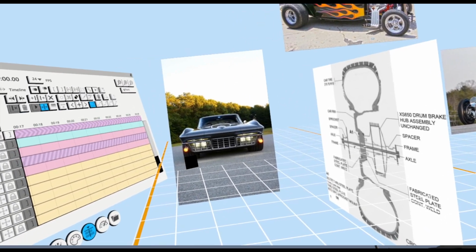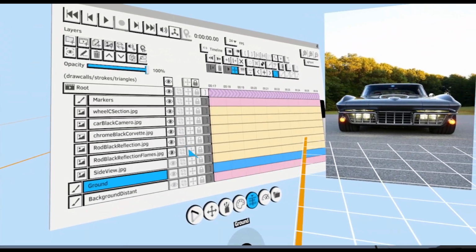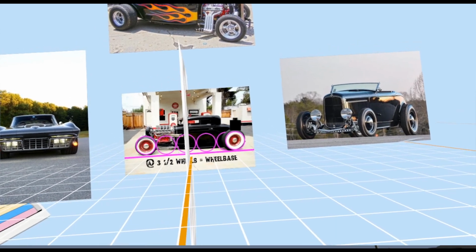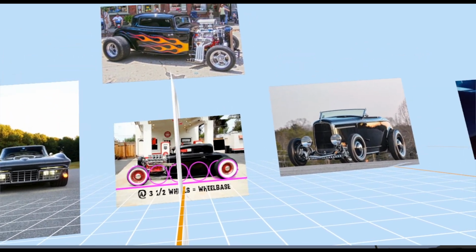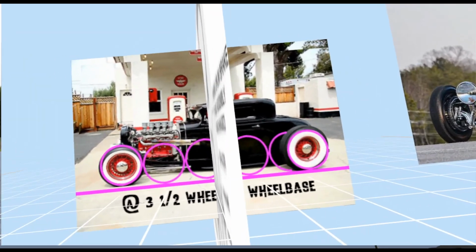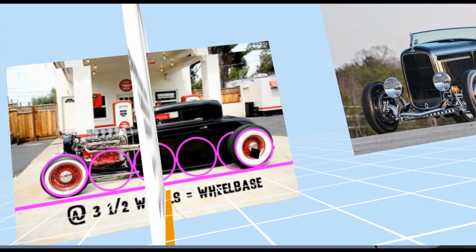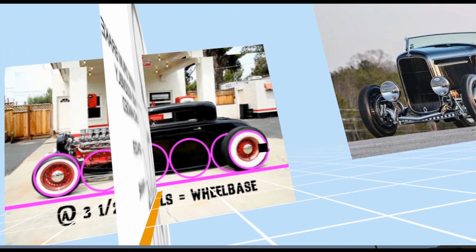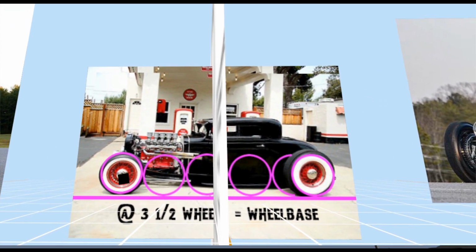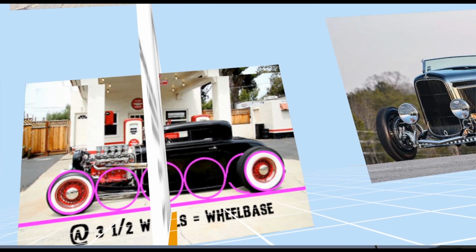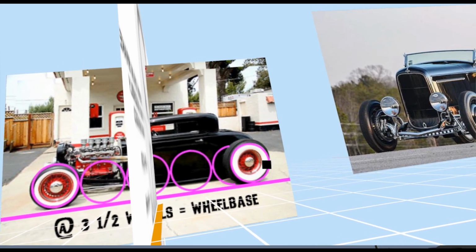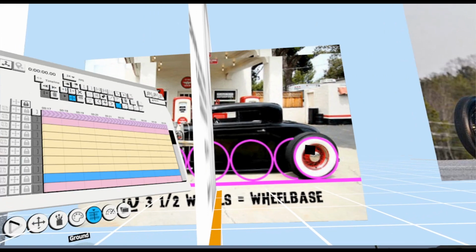The idea of reference is not just for pictures, but also specific views of something called orthographics, which are dead-on views of something that show it from the perfect side, front, or top. So this is a front orthographic view example. This would be the side orthographic view, as close as you can get, of the HotRod we're going to model today.